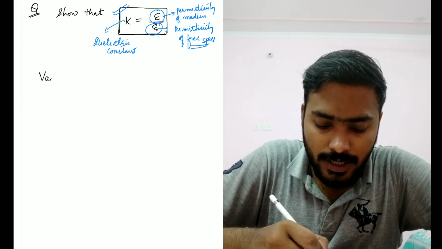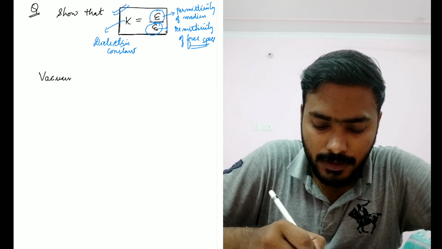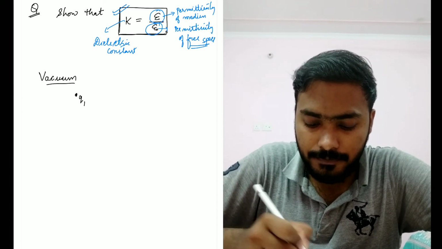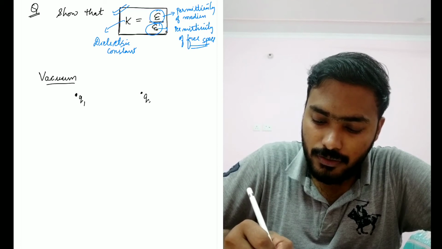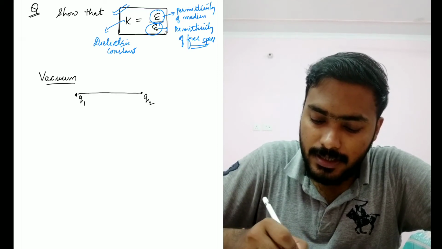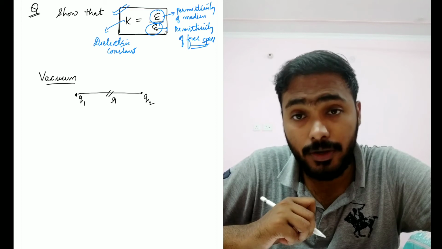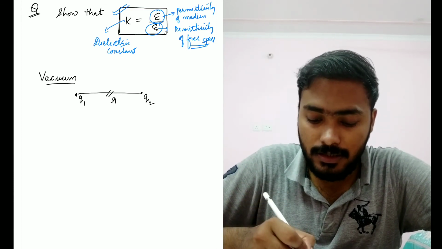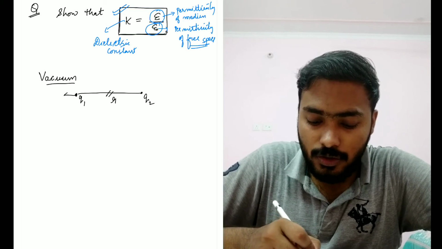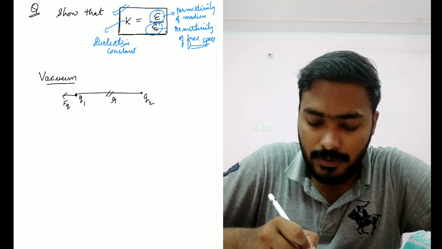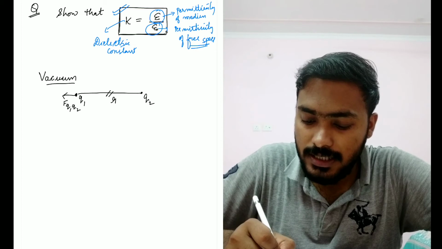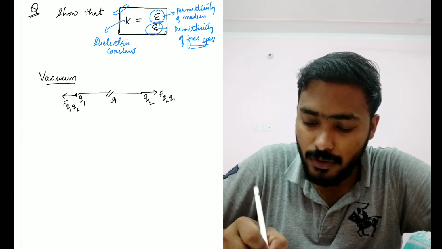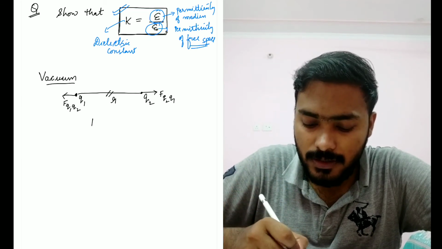Okay, so when you have vacuum, you have a charge q1 and you have another charge q2. They are separated by some distance, let's say r. Now the force of interaction between these two: obviously this charge q1 is going to experience a repulsion because of q2. This charge q2 is going to experience a repulsion, this will be F on q2 because of q1, right? So you have to find out this force of interaction.